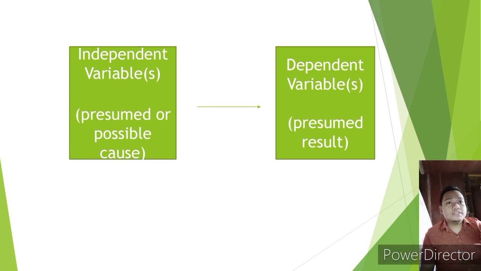The independent variable is the presumed cause, and the dependent variable is the presumed result. If you have a cause, you have the effect or the result. So the independent variable affects the dependent variable.